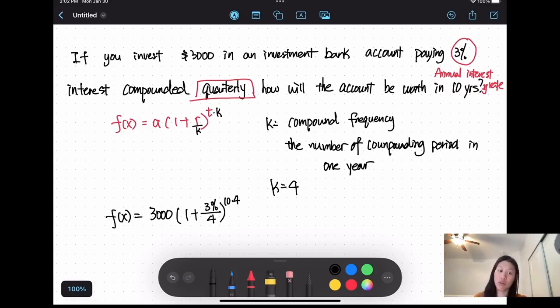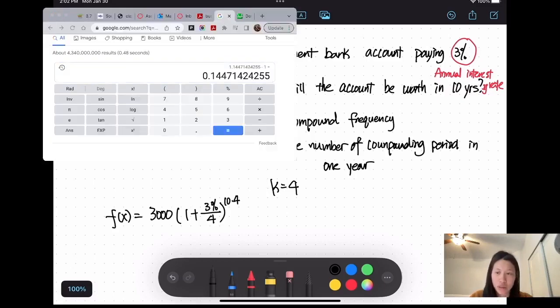Now I'm going to show you how to compute that on a Google calculator. On the calculator, we reset everything. So now we have 3,000 multiplied by parentheses 1 plus 3%, which we need to convert to a decimal, divided by 4, to what power?